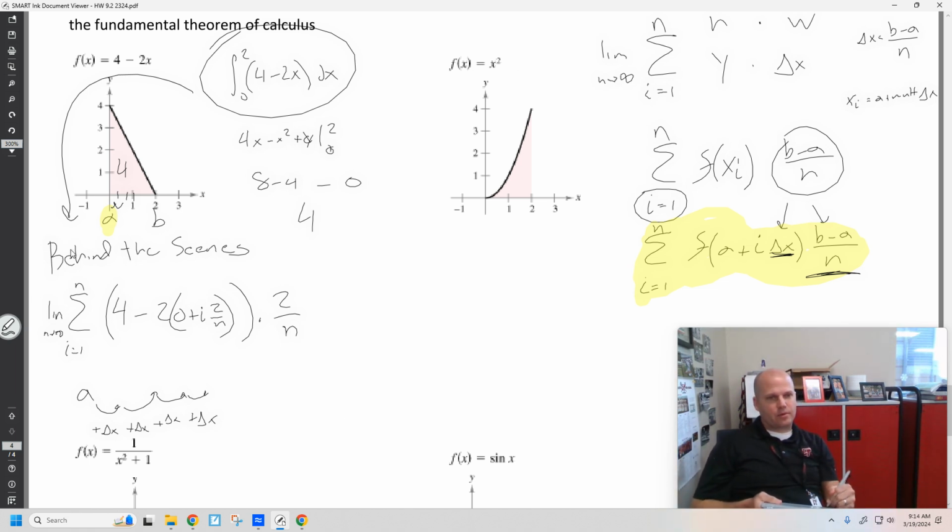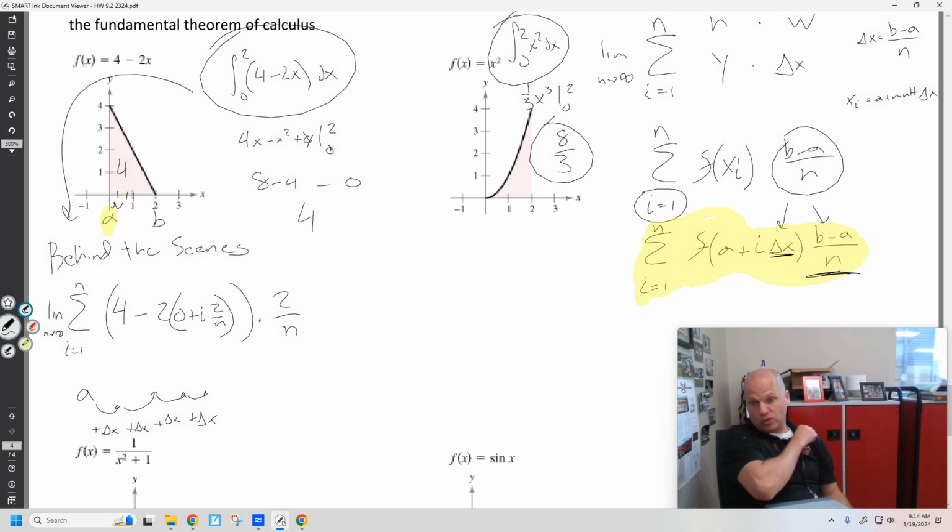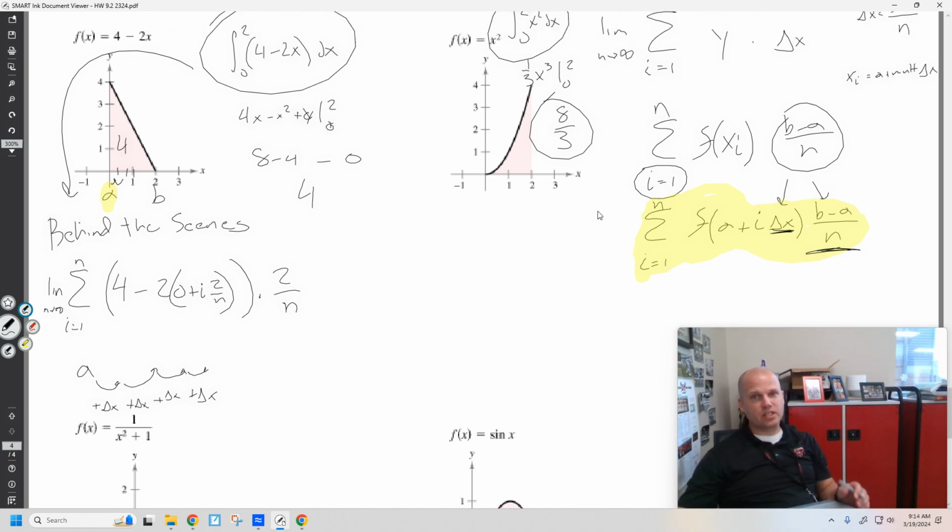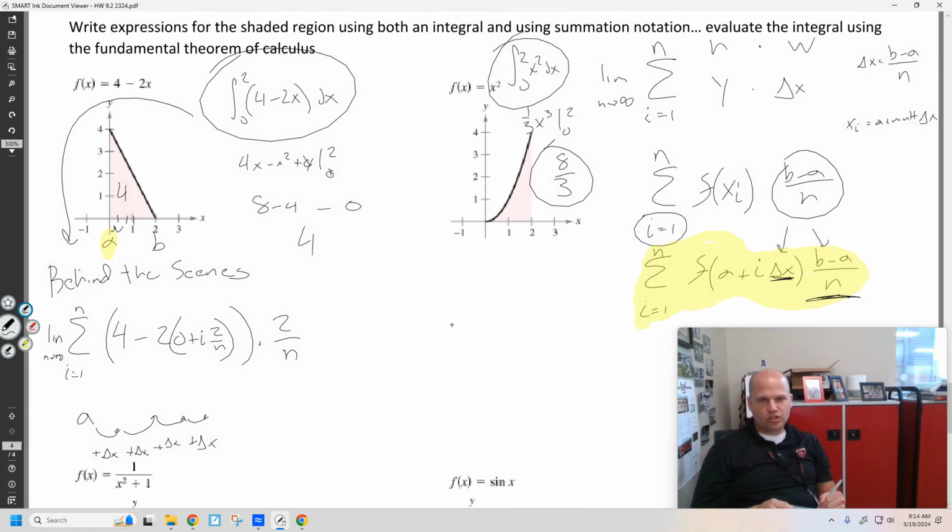You can't use geometry for this. You can understand that you want to accumulate x squared from 0 to 2. You can get the right answer by taking the antiderivative using the fundamental theorem of calculus to get 8/3. If you wanted to find this value 8/3 using a calculator, behind the scenes, your calculator would do a sum similar to this, where it's taking our x's and squaring them.